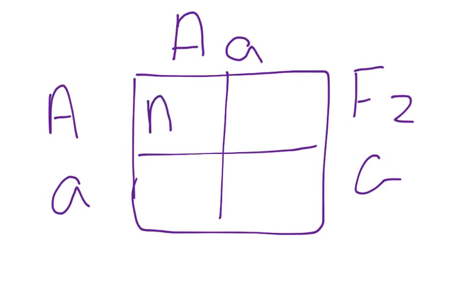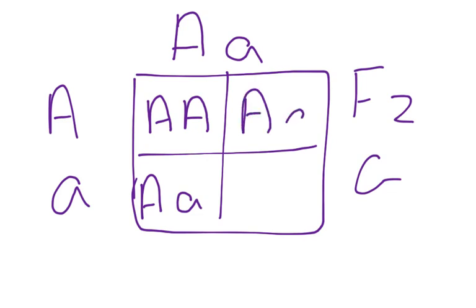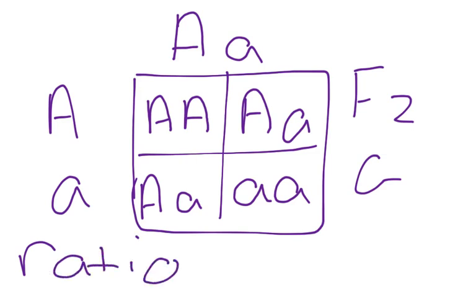In this box, we're going to get the two capital A's. In this one here, we're going to look at the capital A and the lowercase on the side. Same with the top one here, we've got a capital A on the side, a lowercase at the top. But if we look at this last box, then we're going to end up with a white flower there. So the ratio for this particular F2 generation is going to be 3 to 1.